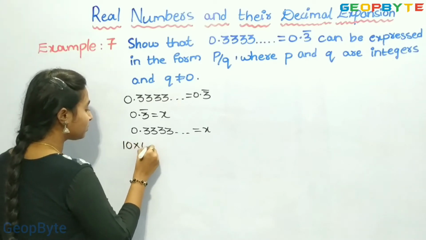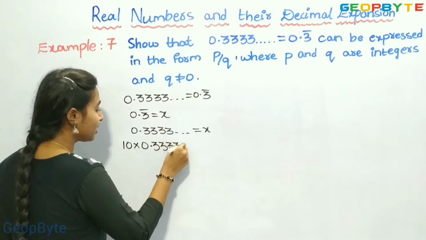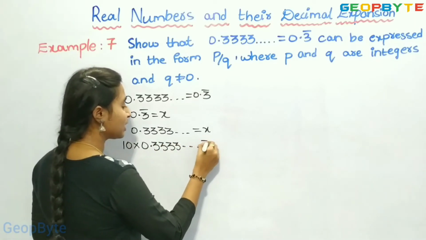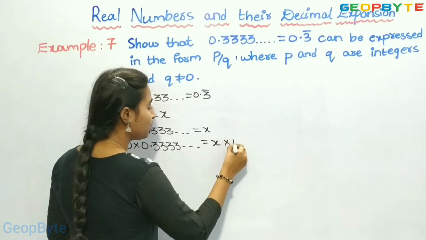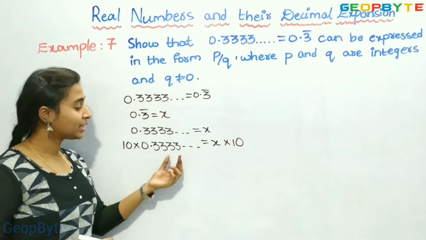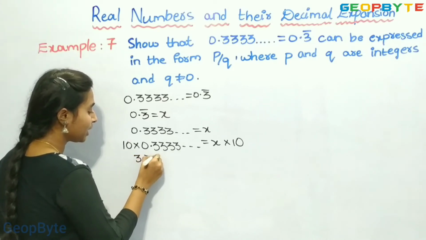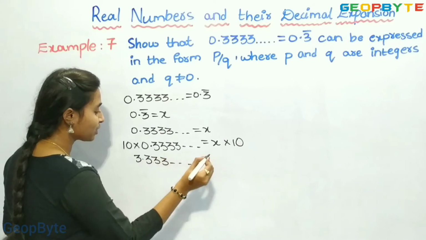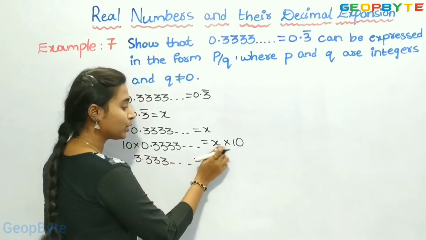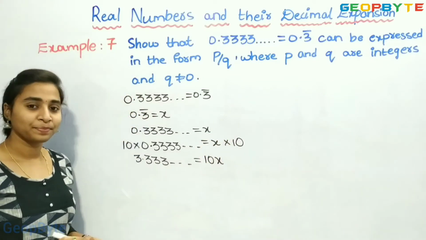10 into 0.3333 and so on is equal to x into 10. Now, 10 into 0.333 and so on becomes 3.333 and so on is equal to x into 10, that is 10x.